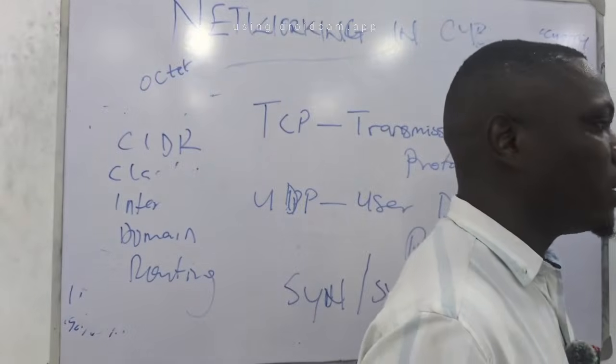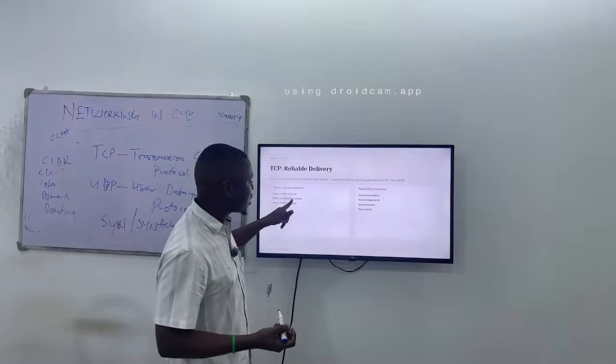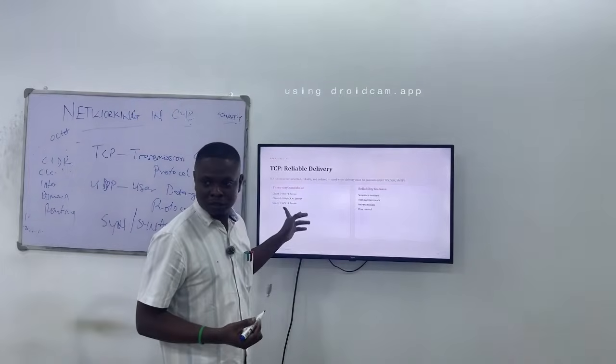Is it clear? It's like I want to communicate with this man now. I say, Professor, hello. He acknowledges my hello, synchronizes, and responds to me. We keep communication. That's how TCP works: synchronize, synchronize-acknowledge, and acknowledge.